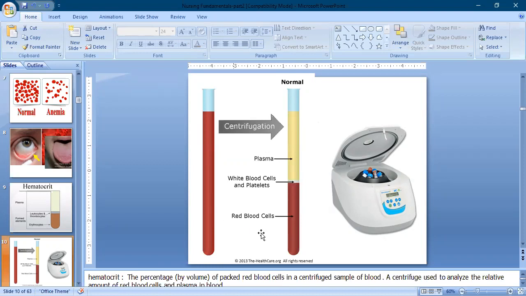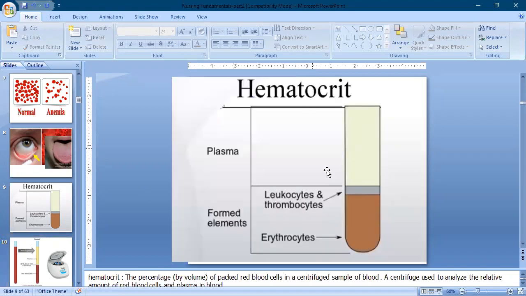So this is the procedure we follow in the laboratory. So hematocrit, what it is: when you centrifuge it, we get plasma on the top, and at the bottom, hematocrit. So what is hematocrit?